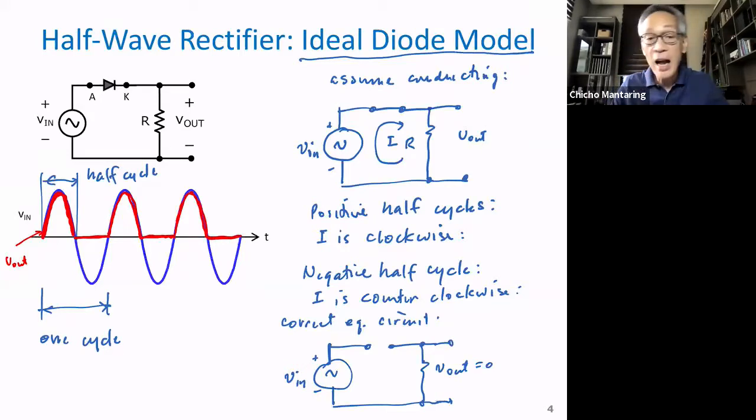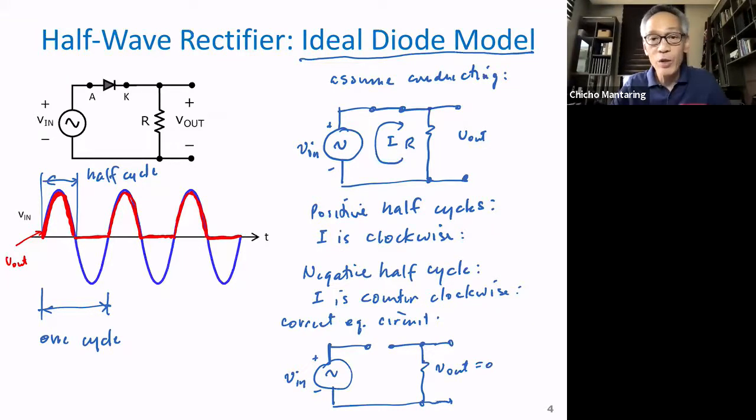And you call this a half-wave rectifier. What is a rectifier? A rectifier is a circuit that converts AC to DC. If you remember the definition of AC, AC is a signal whose current changes direction in a periodic manner.